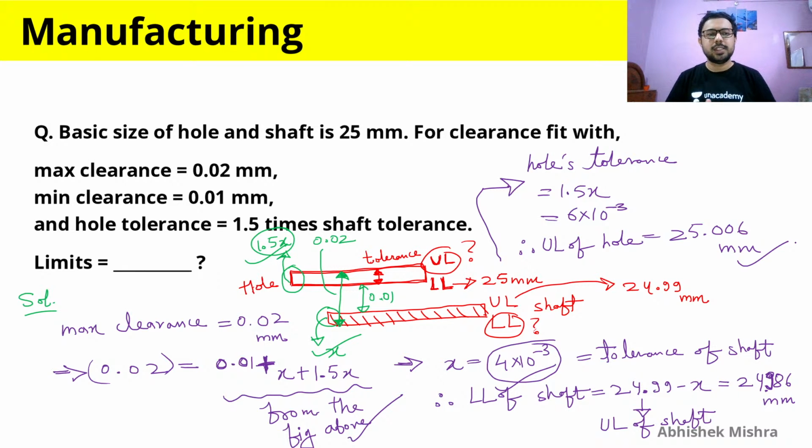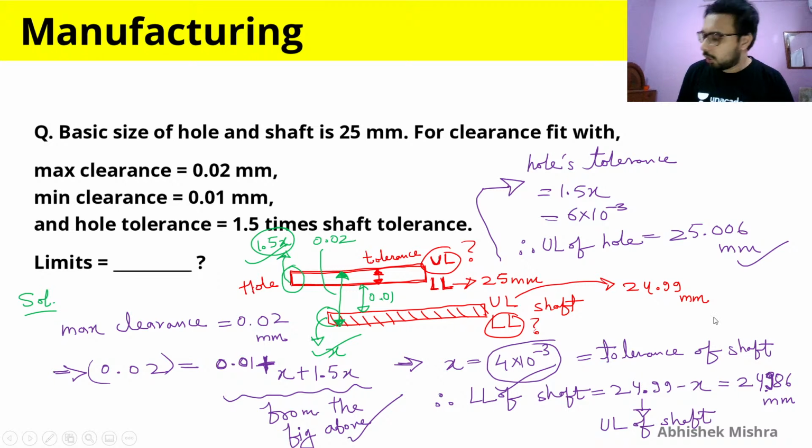But here we made the figure, assumed the shaft tolerance as x, and from the question we were provided with the hole tolerance as 1.5x, and then we simply looked at the figure and solved the question. And we just remembered the basic that the upper limit and the lower limit are the two sizes of a particular object when tolerance is provided. Upper limit is the maximum size and lower limit is the minimum size.